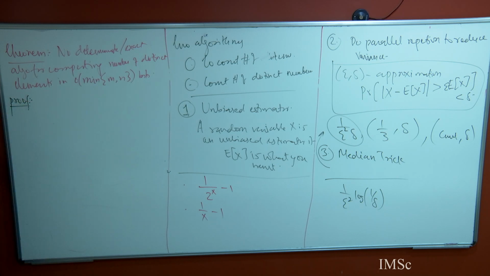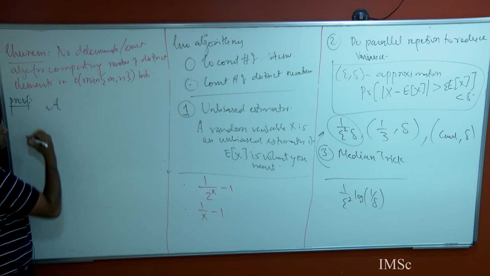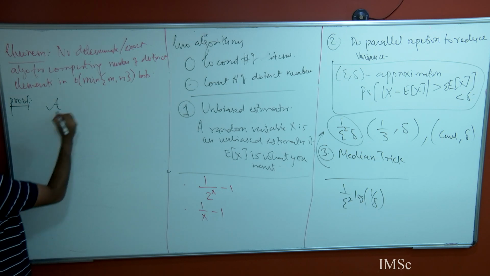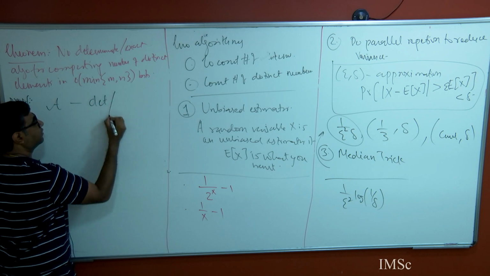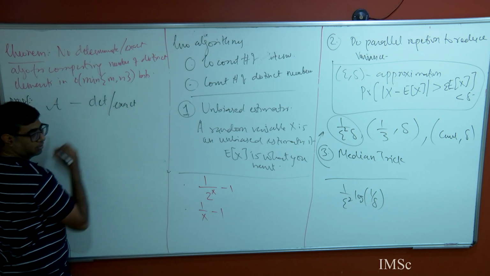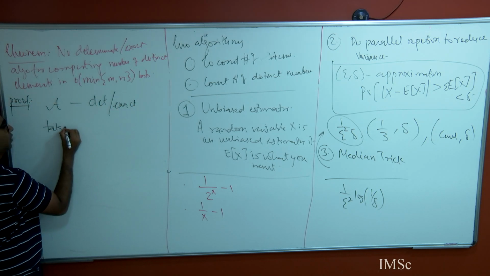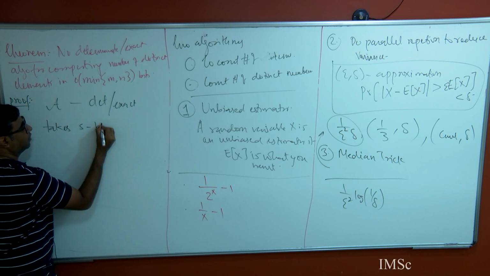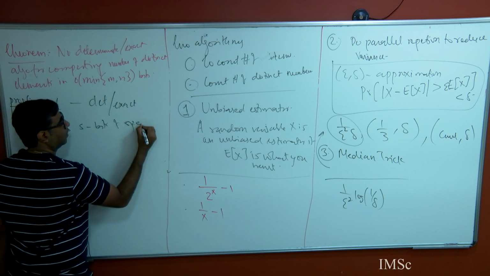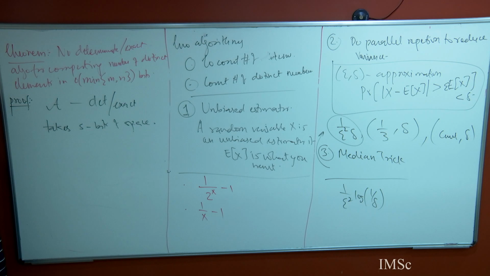The proof I'm going to give you is something very interesting. Suppose I have an algorithm A that is both deterministic and exact and takes S bits of space. This is the space content.